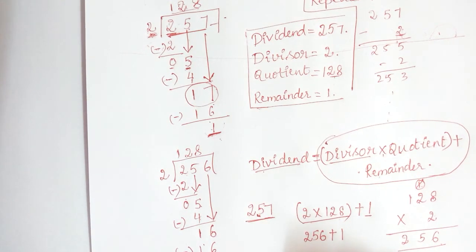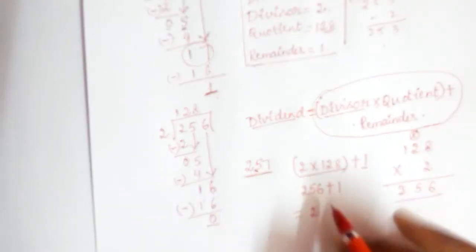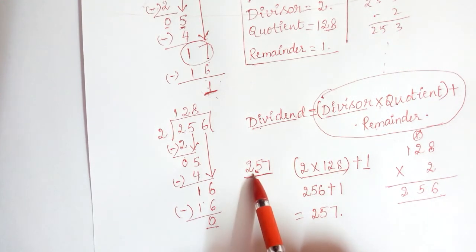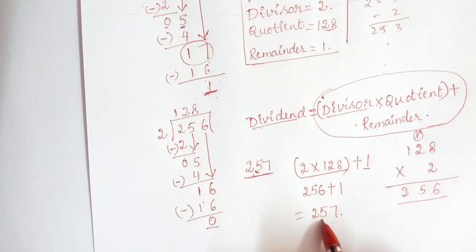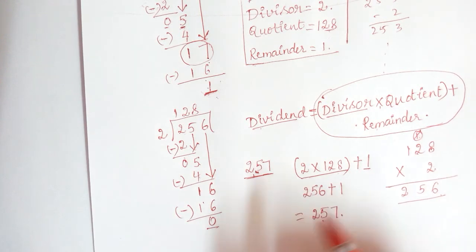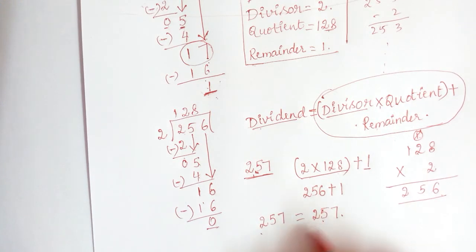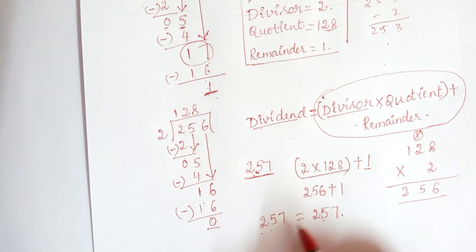So that is 257. Our dividend is 257. Our answer is 257. So both the sides we got 257. 257 is equal to 257, right?